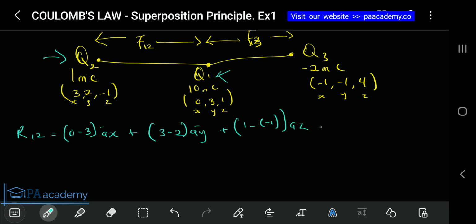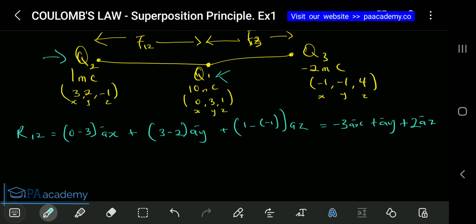Okay, and this will give us, so 0 minus 3, that's minus 3 AX, then 3 minus 2, that's 1, so that'll be plus 1 AY, so you can just write AY, and then 1 minus 1, that'll be 1 plus 1, so that'll be plus 2 AZ.